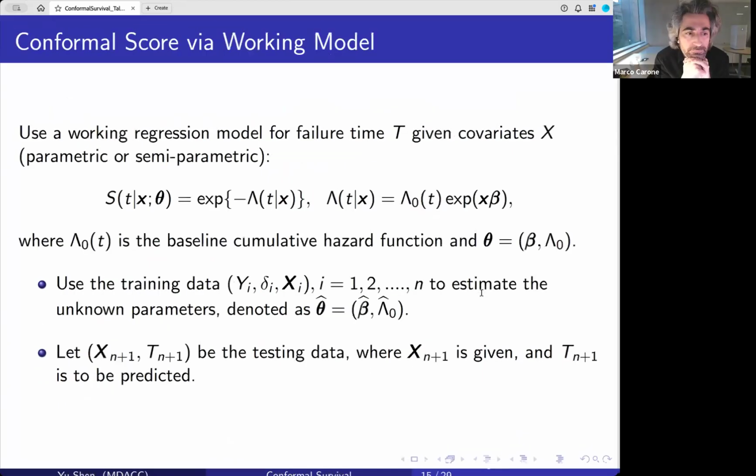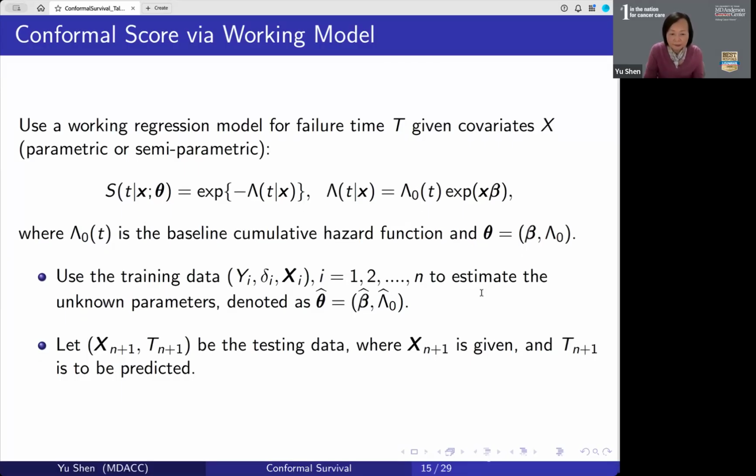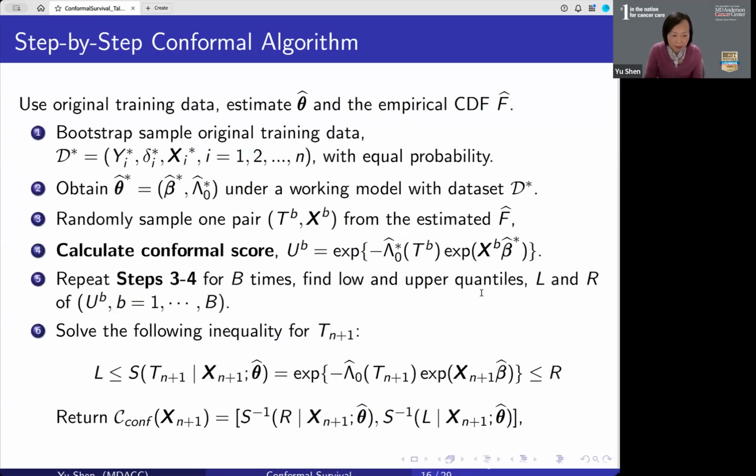Using a working model here, the purpose is to derive the conformal score, and a conformal score can be defined in multiple ways. But here we found that using the conditional survival function seems very easy to use, and it is a monotone function, so you just invert it, which is also very robust.